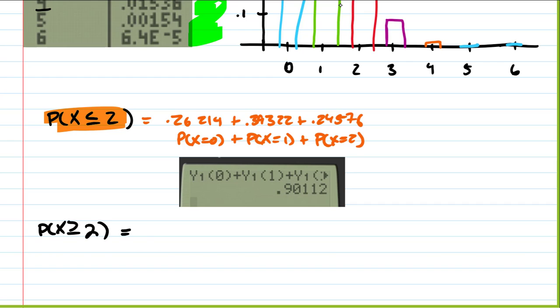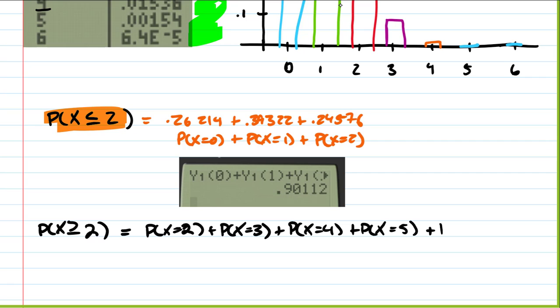Well, that would be the probability that x equals 2 plus the probability that x equals 3 plus the probability that x equals 4 plus the probability that x equals 5 plus the probability that x equals 6.